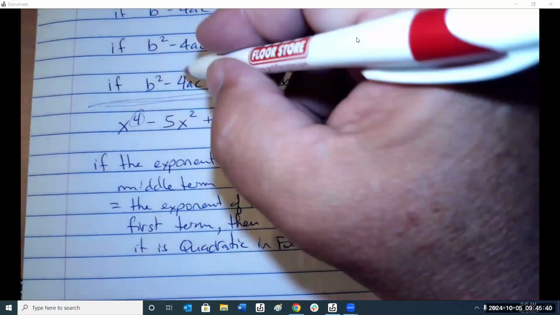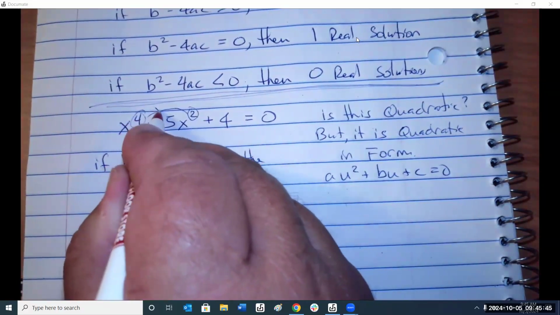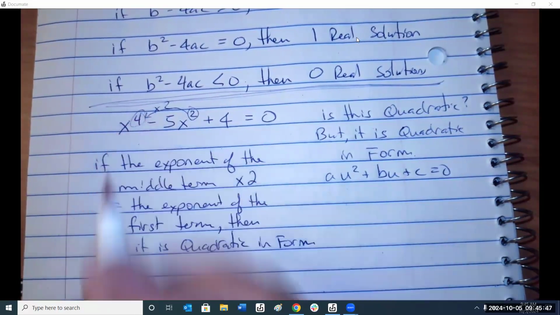So if we look at here, the power of the middle term is 2. If we multiply by 2, we get the first term. So it's quadratic.